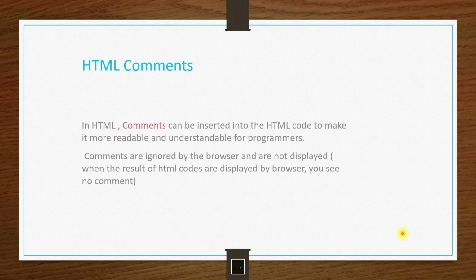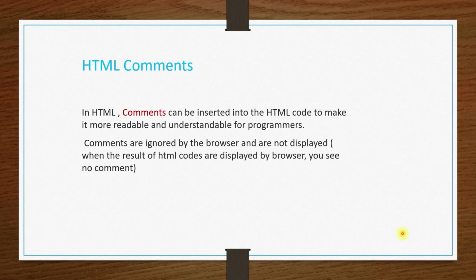In HTML, comments can be inserted into the HTML code to make it more readable and understandable for programmers. Look, I am saying what? Programmers, not users. Comments are ignored by the browser and are not displayed. When the results of HTML code are displayed by the browser, you see no comments.